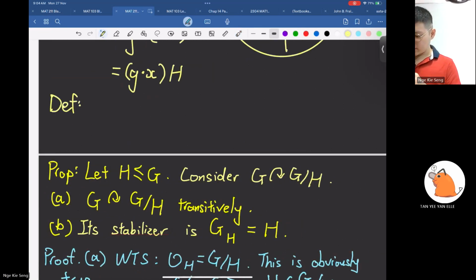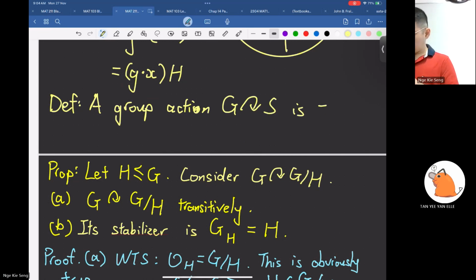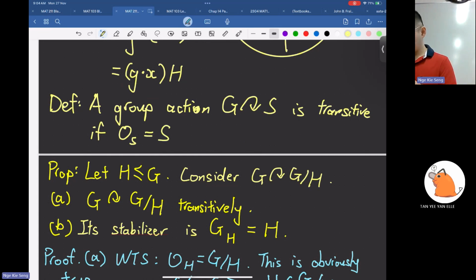So let's write down: the action is transitive if the orbit of S is S. Actually, this is for orbits, right? Your set can be partitioned by orbits.